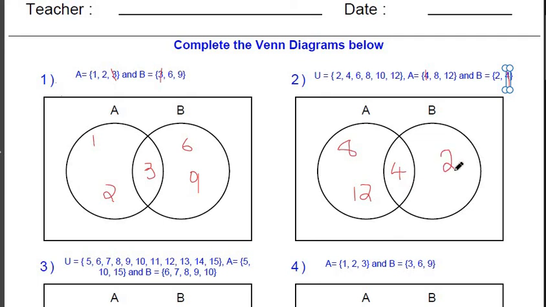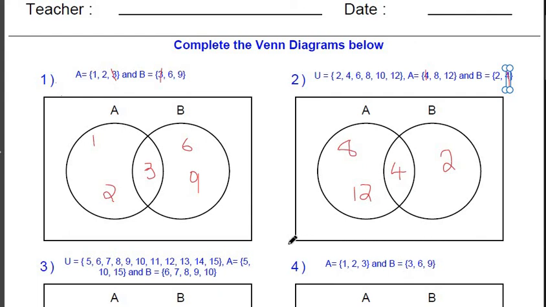So we've considered all the elements in set A and all the elements in set B. But we're given a universal set, and we said the universal set represents all the elements in A and B. But what if the element is not in A and B, but it's a part of the universal set? You see this rectangle that we have represented here?